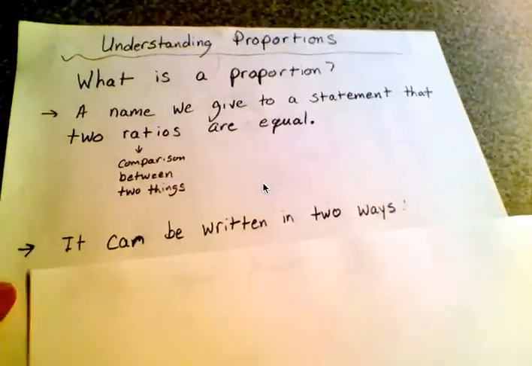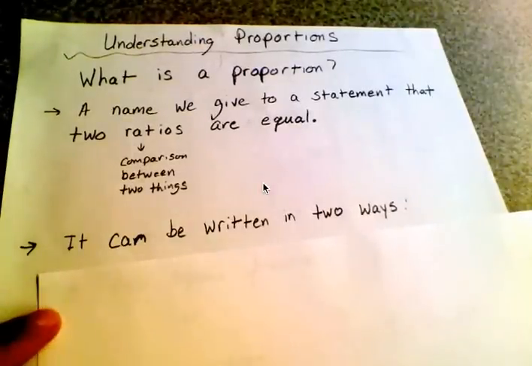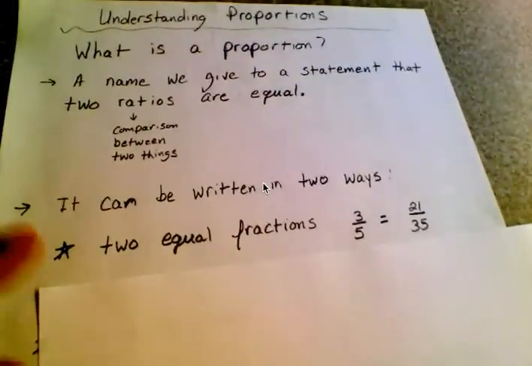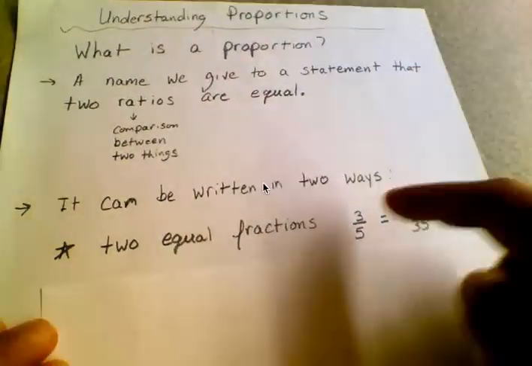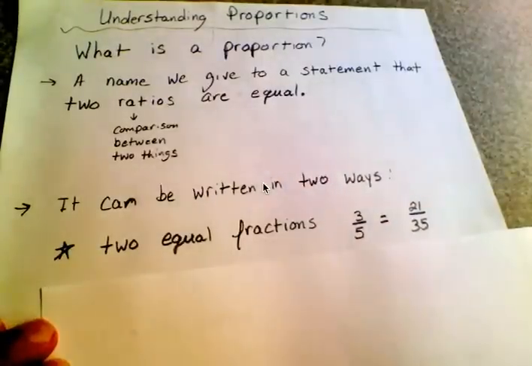Most of the time when we deal with proportions, they're going to be written as fractions. So look at these two equal fractions: 3 over 5 is equal to 21 over 35. Those are two ratios that are equal, and we call them proportional, or proportions.